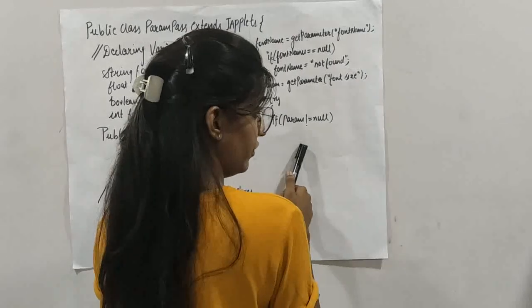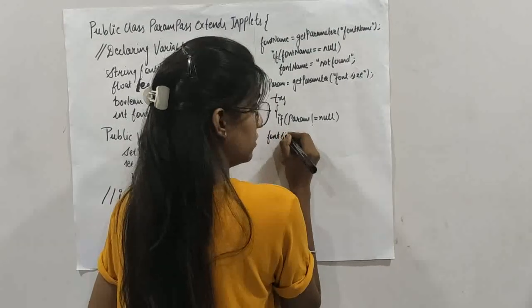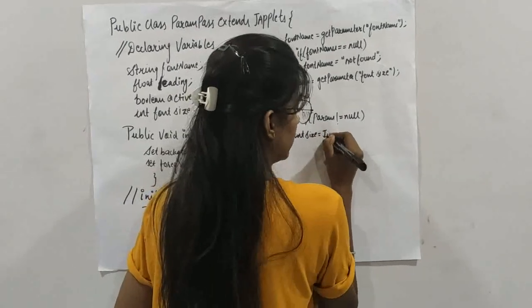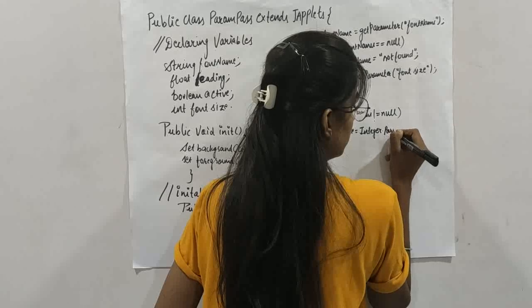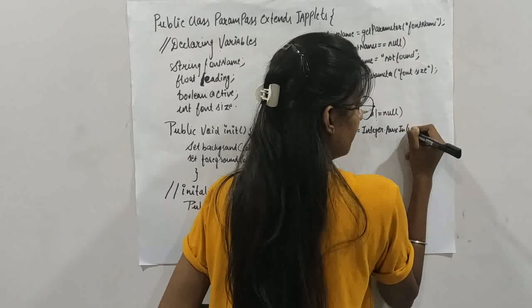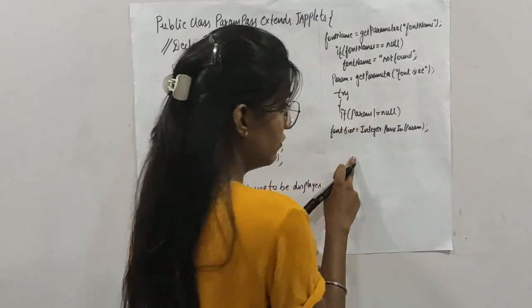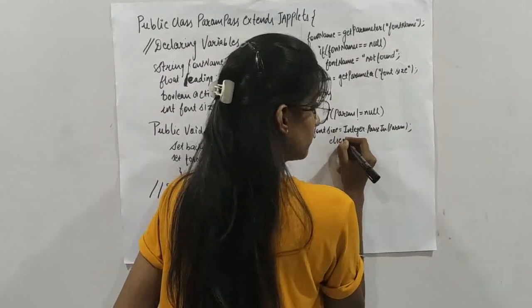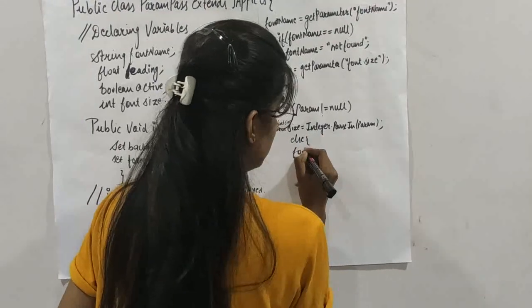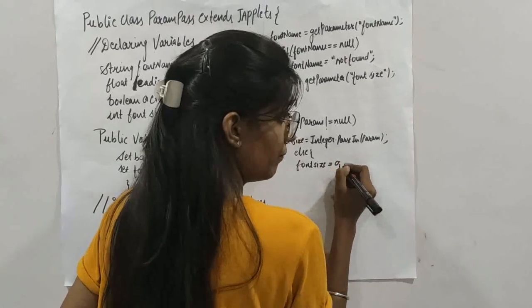Now fontSize equals Integer.parseInt(param). This method will convert a string to an integer. Else, fontSize is equal to 0.